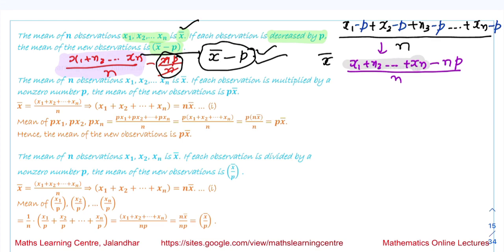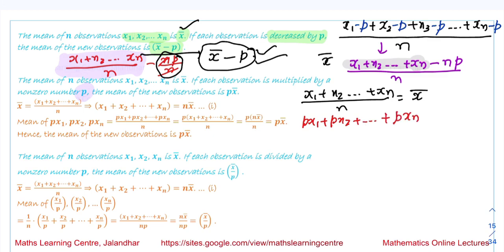Now next, the mean of n observations is x bar. Again the same thing is given to us, that x1 plus x2 so on up to plus xn over n is equal to x bar. Now if each observation is multiplied by a non-zero number p, we get px1 plus px2 so on up to plus pxn. All these numbers are multiplied.